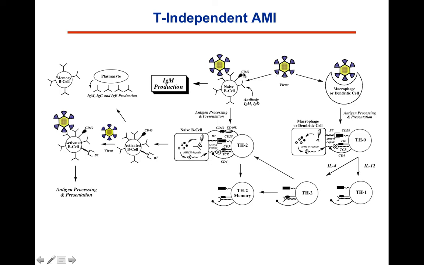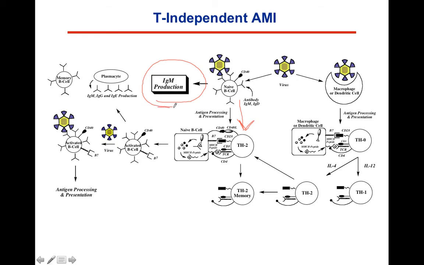But it could also interact with a naive B cell like we had before, which leads to production of IgM, and then eventually, if it can be taken up, production of IgG antibodies by the activation mechanism that we spent quite a bit of time talking about.